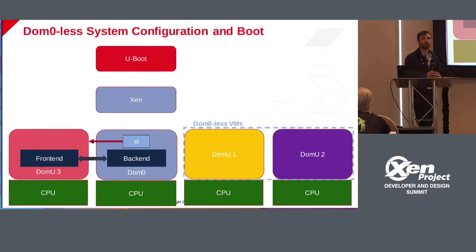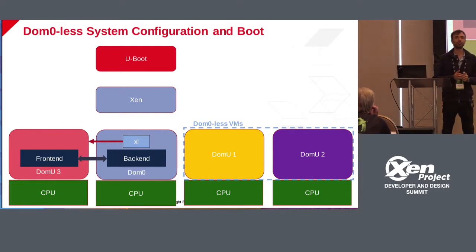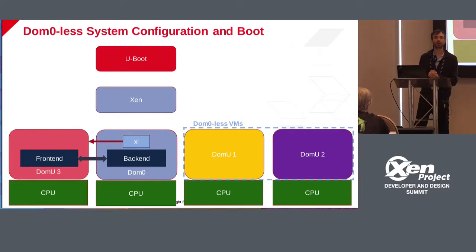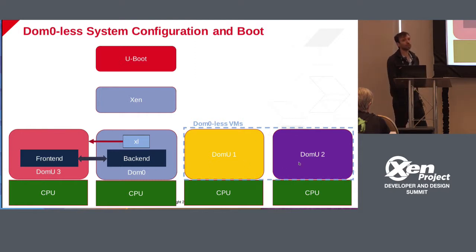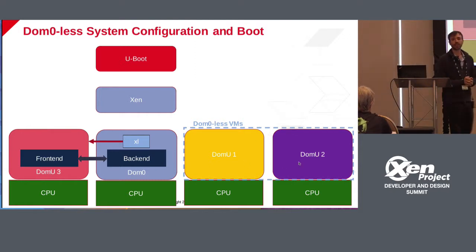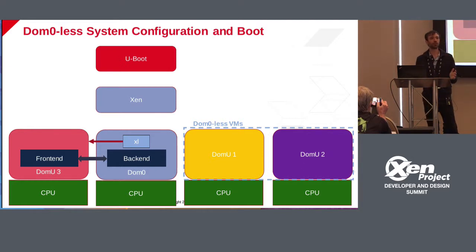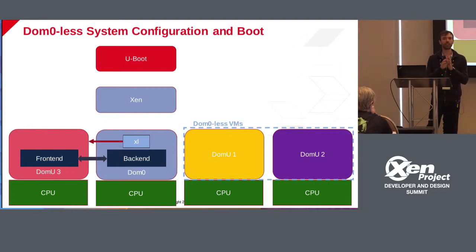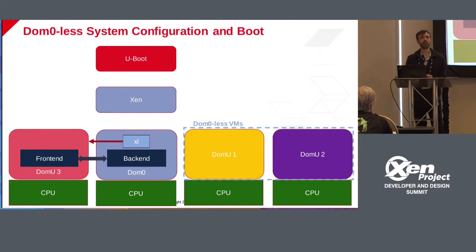The fact that we are starting VMs in parallel to Dom0, and we call this feature Dom0-less, doesn't actually mean you don't have Dom0. Dom0-less VMs are these 2 VMs, yellow and purple, that have been booted directly from Xen at boot time. We call them Dom0-less VMs because Dom0 had no interaction whatsoever, no action, nothing to do with booting these VMs.